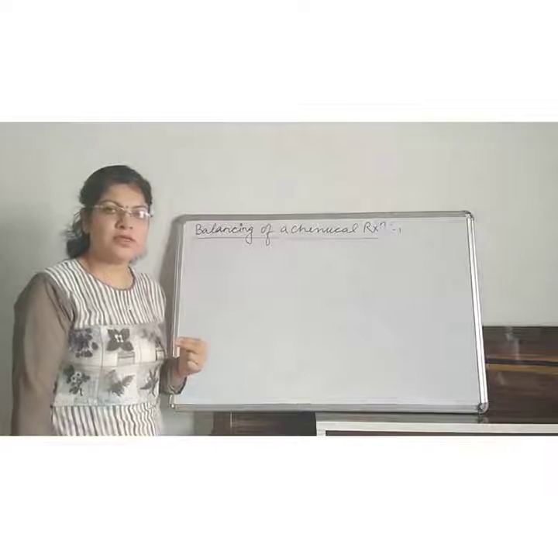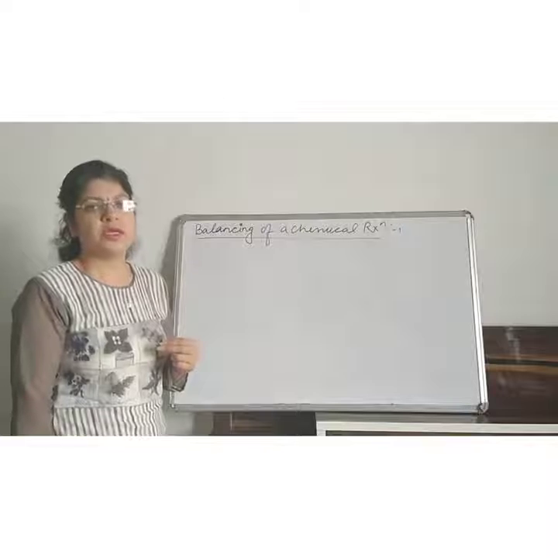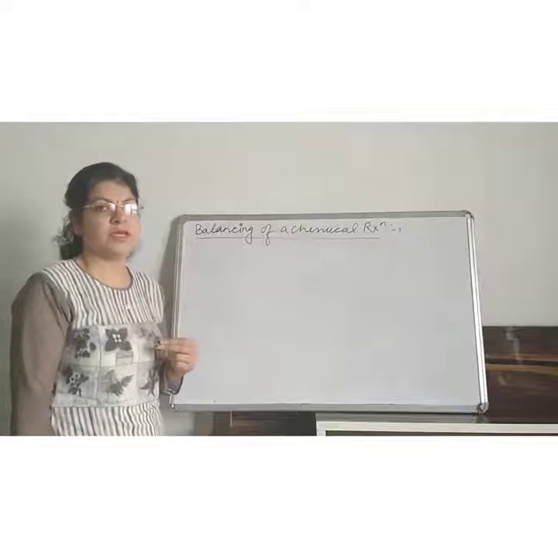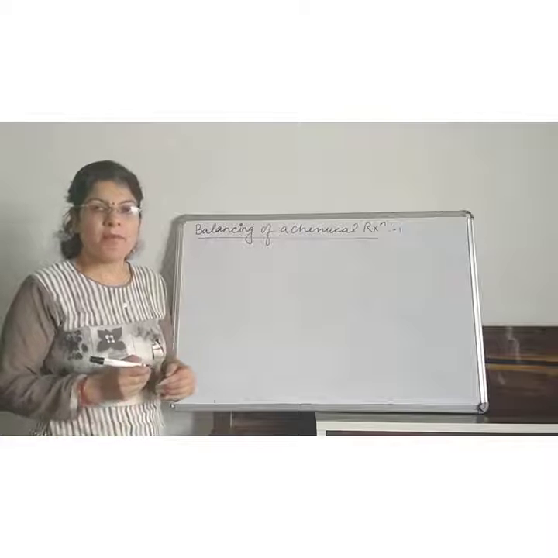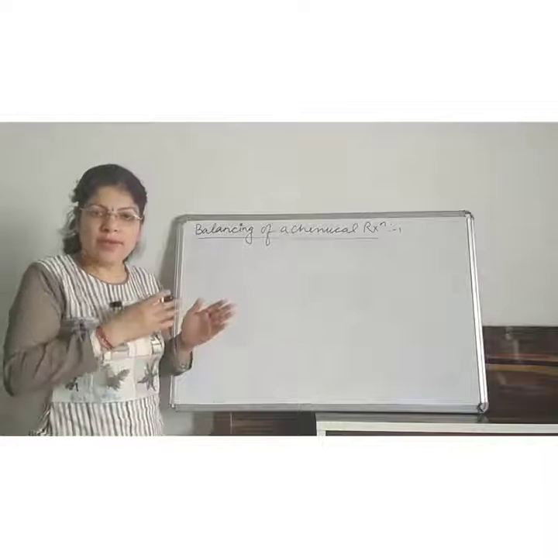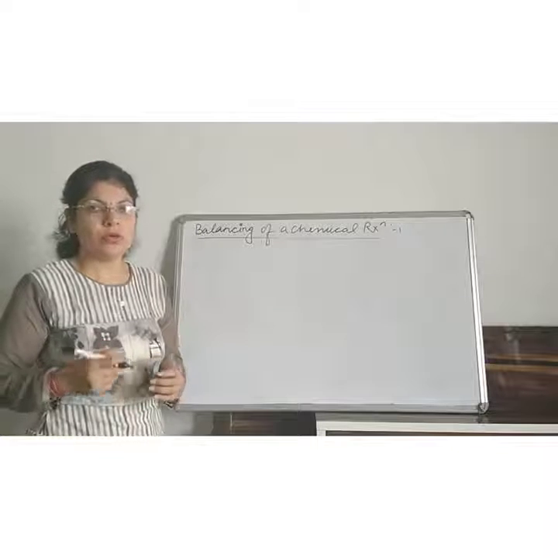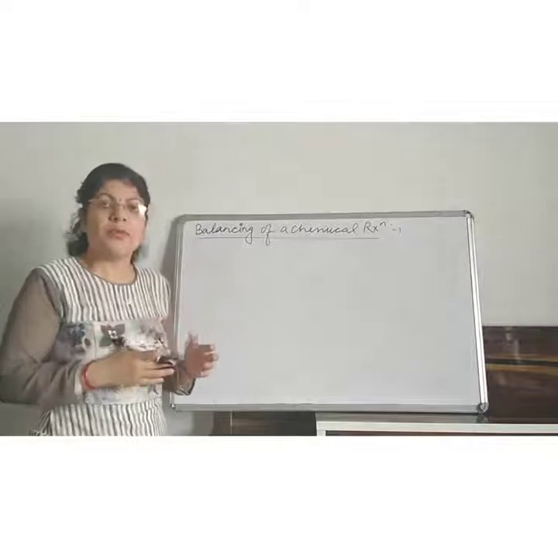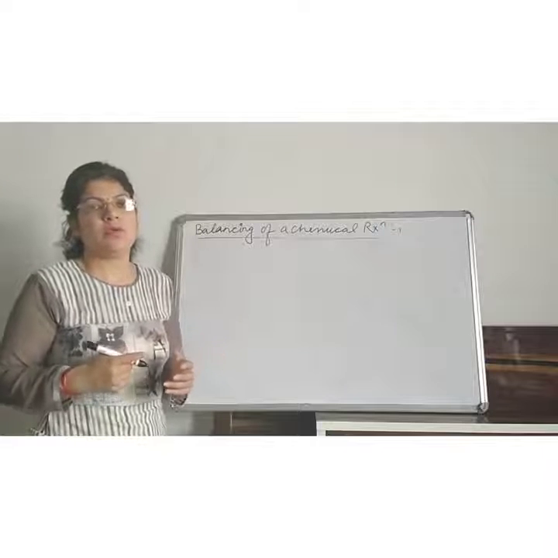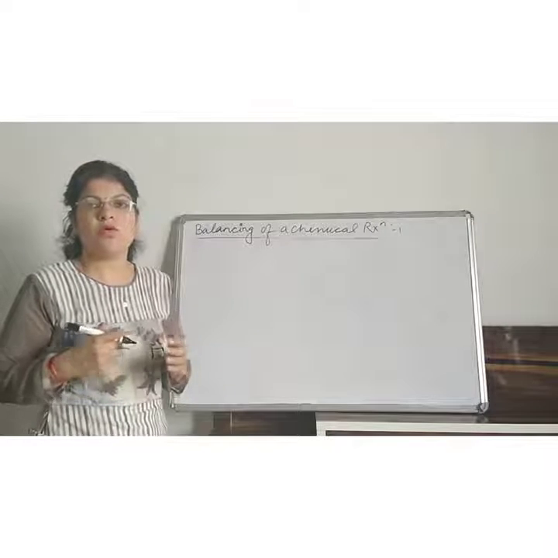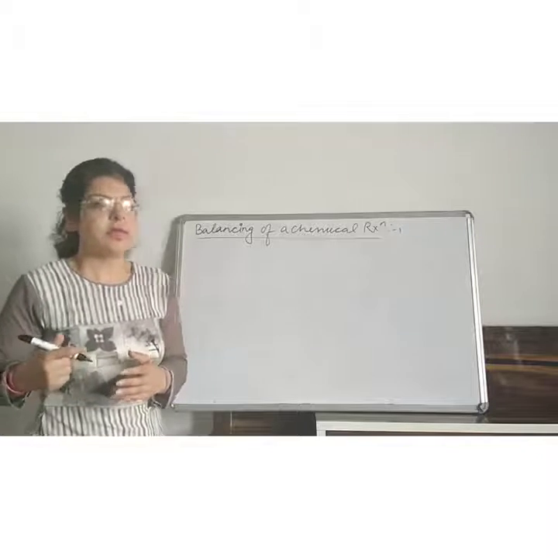Second, it should be in skeleton form, and third, it should be balanced. Balanced means it obeys the law of conservation of mass. The mass of reactants should be equal to the mass of products, or the number of atoms present on the reactant side should be equal to the number of atoms present on the product side.